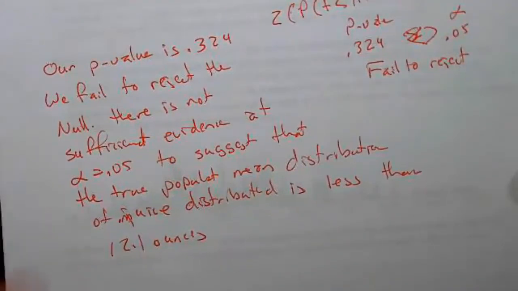Our p-value is 0.324. We fail to reject the null. There's not sufficient evidence at alpha equal 0.05 to suggest that the true population mean of juice distributed is less than 12.1 ounces.